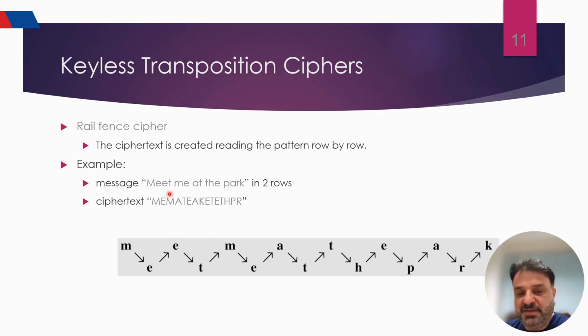The first character goes in the first row, the second character in the second row, then the third character in the first row, the fourth character in the second row, and so on. At the end, you read it by rows. So we have MEMATEAK, and this is the ciphertext. We call it a rail fence cipher.